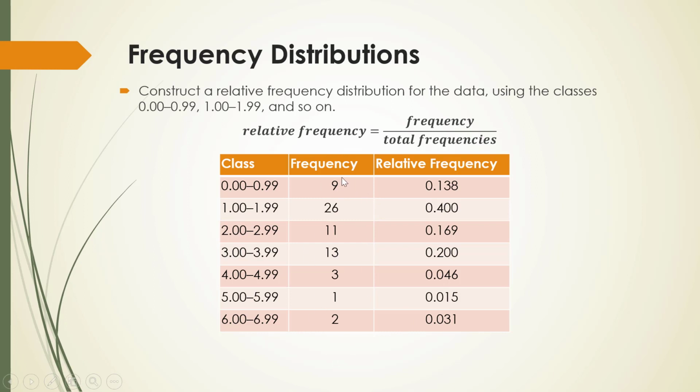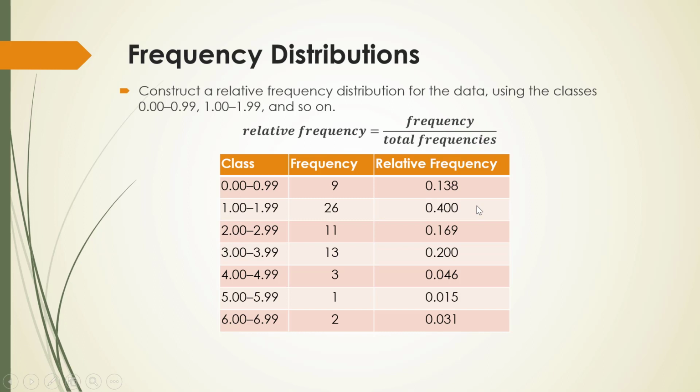So 9 divided by 65 is 0.138, 26 divided by 65 is 0.4, 11 divided by 65 is 0.169, 13 divided by 65 is 0.2, 3 divided by 65 is 0.046, 1 divided by 65 is 0.015, and 2 divided by 65 is 0.031. That's how we construct frequency and relative frequency distributions for quantitative data.